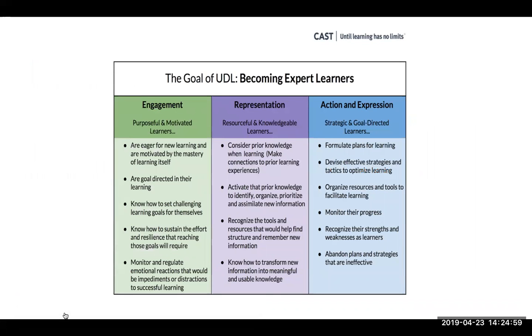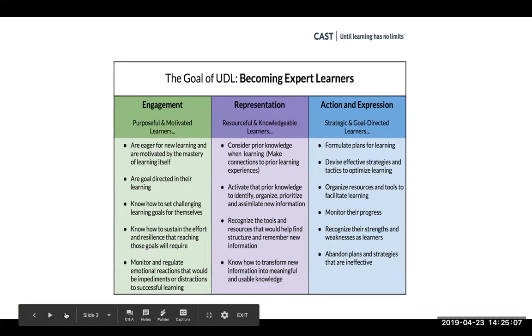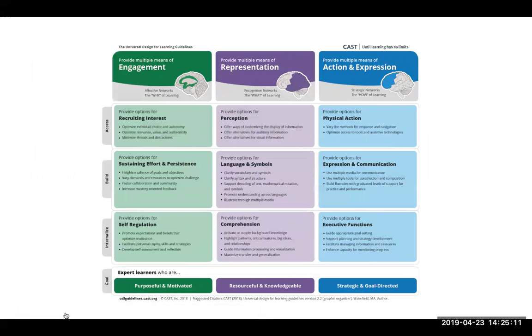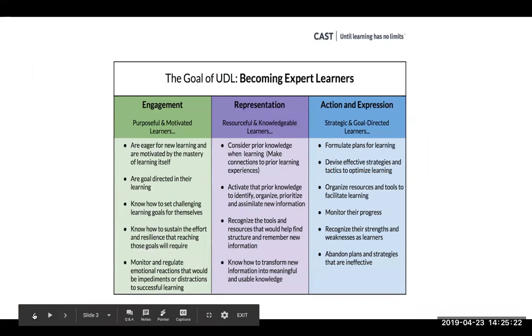Just as a reminder, because I know that you're familiar with the term, these are the characteristics of an expert learner. And as you look at the colors of this chart and the colors of the guidelines, please don't not notice the correlation between the design pieces of the framework and the design outcomes that we see in learners.